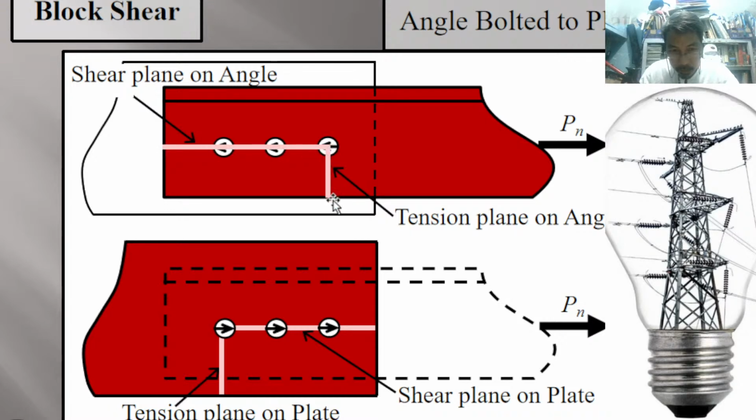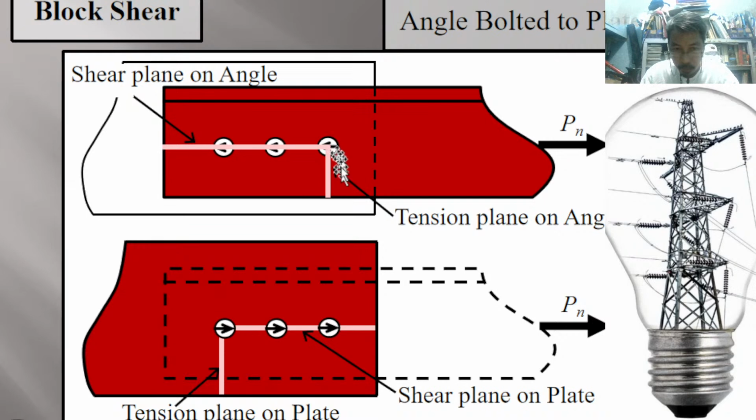So now we can define that this type of failure is defined by two types of stress: shear and tension. So the shear plane and the tension plane, with yielding and rupture.